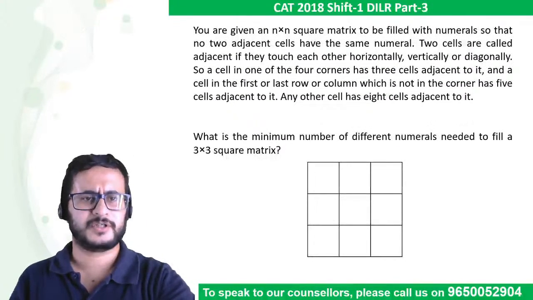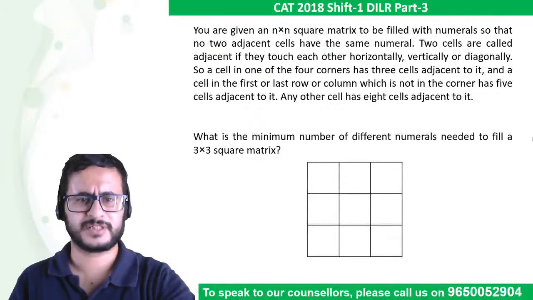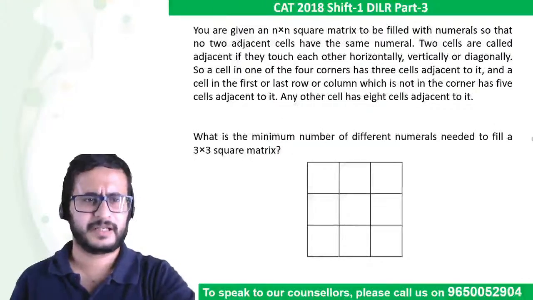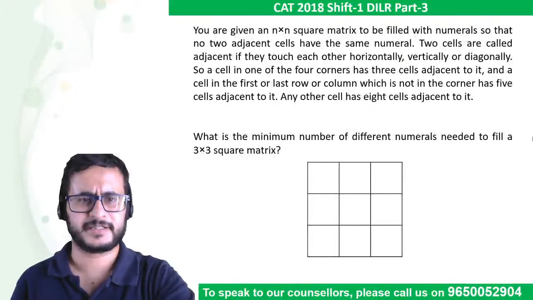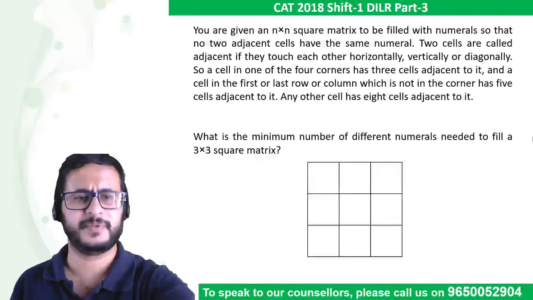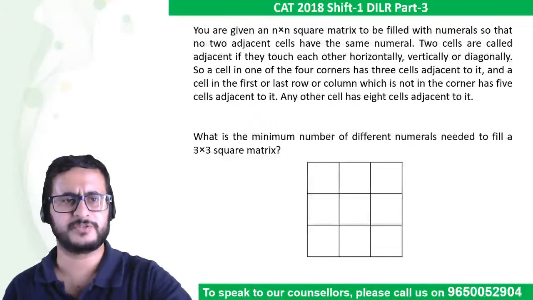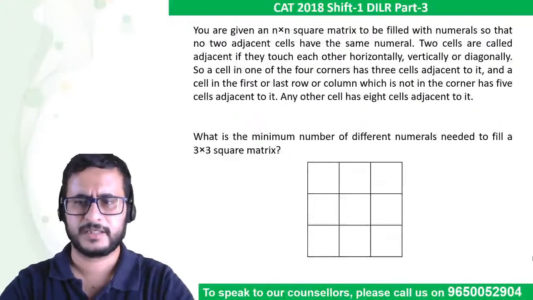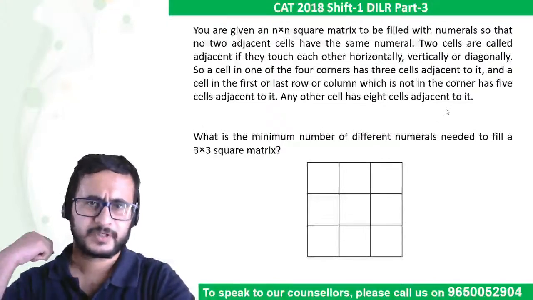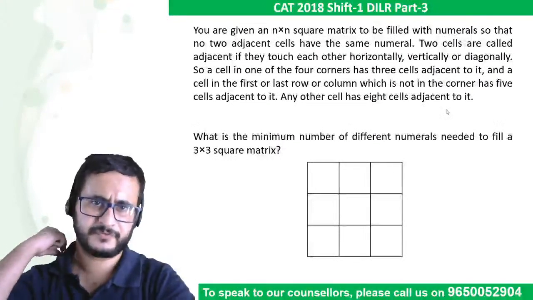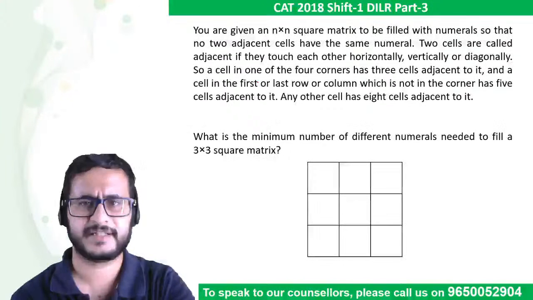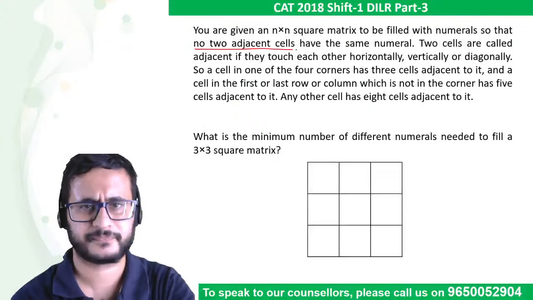So talking about the first set, this was a set on a square matrix. It says that there is a square matrix which has to be filled with n by n numbers. It's an n by n square matrix, and it has to be filled with numerals such that no adjacent cells have the same numeral.